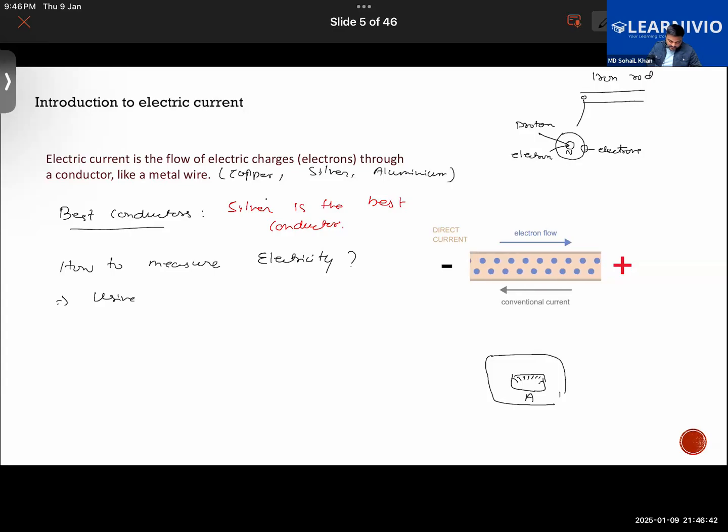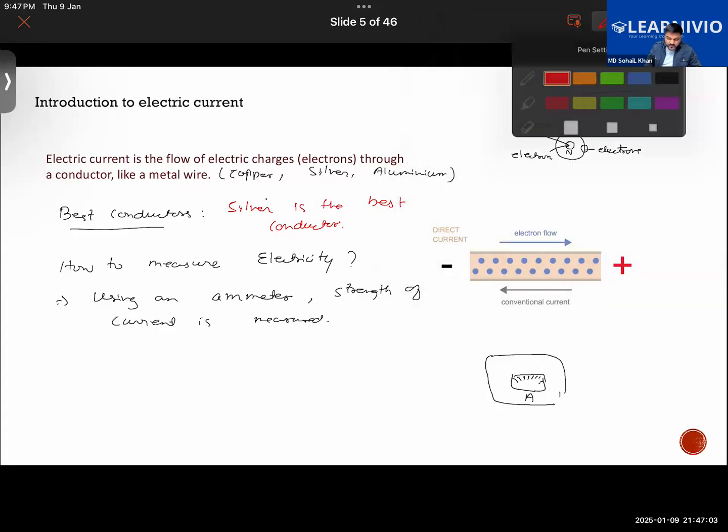Using an ammeter, the magnitude of electric current is measured, like how much current is passing through a given wire. So using an ammeter, the strength of current is measured.